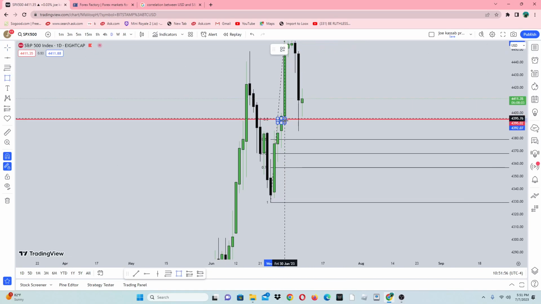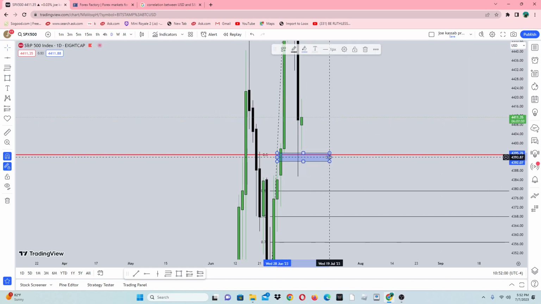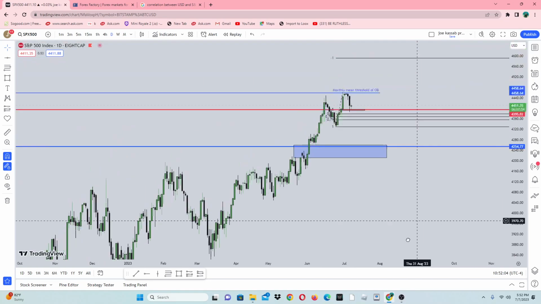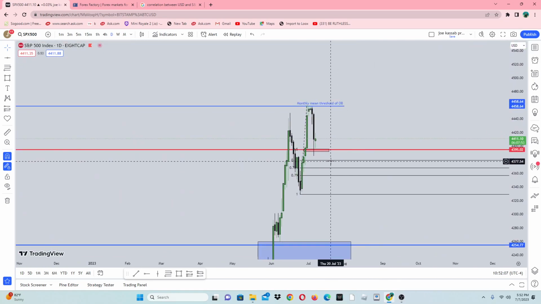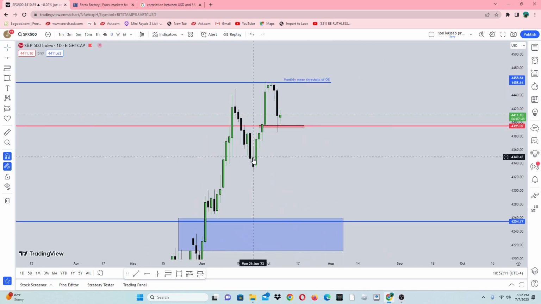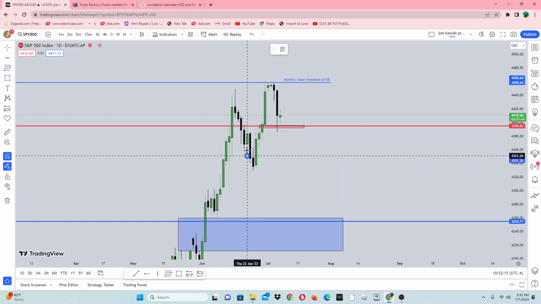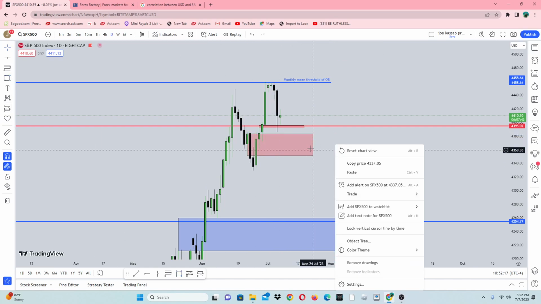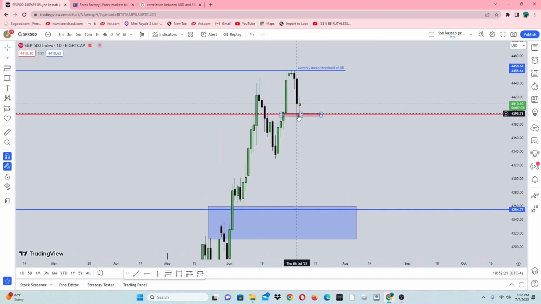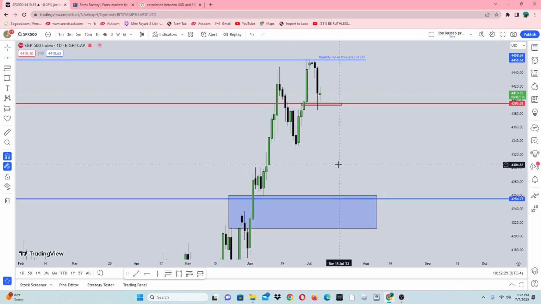So I have this fair value gap right here. This is a daily fair value gap, plus I have here an order block with a breaker. Okay, so this is a breaker. Now I just mark the first PD array and I want to see how it will react from it.